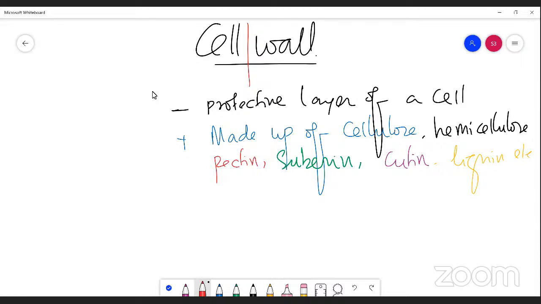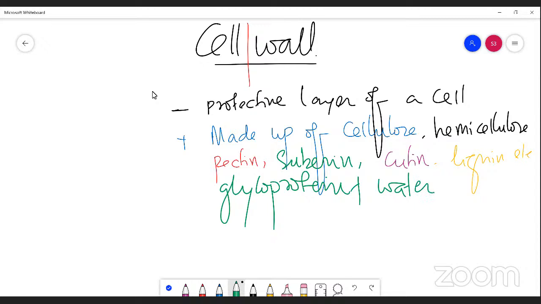In addition to that, there is some protein. The proteins are glycoproteins, plus water. So these are all the components of a cell wall.